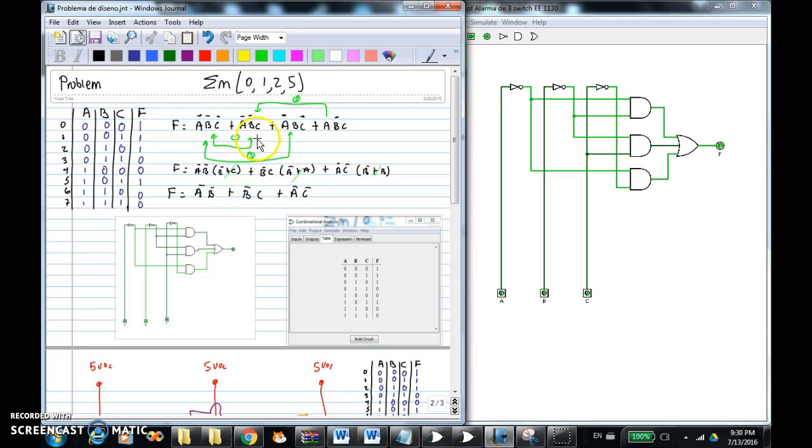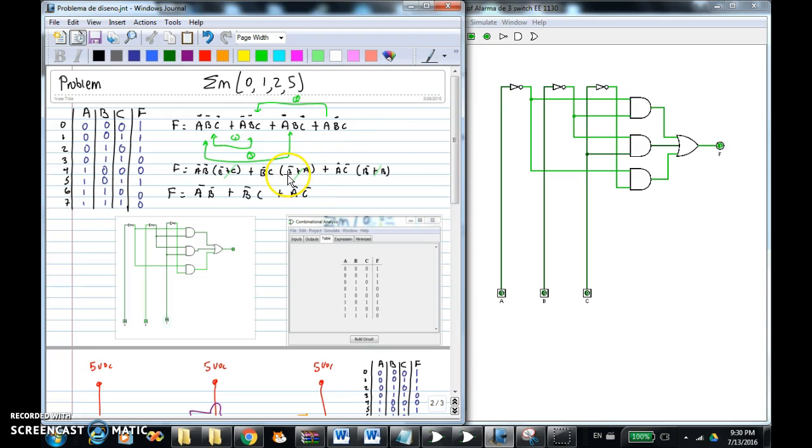Simplifying. The second one is A inverting, B inverting, C with A, B inverting, C. What is the common factor of these two items? B inverting, C, right?